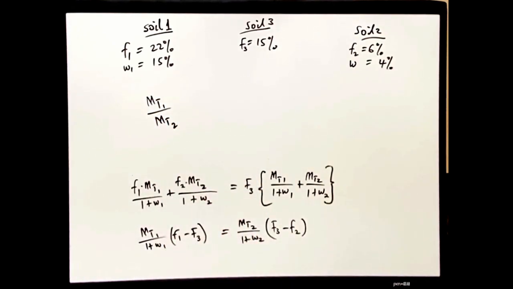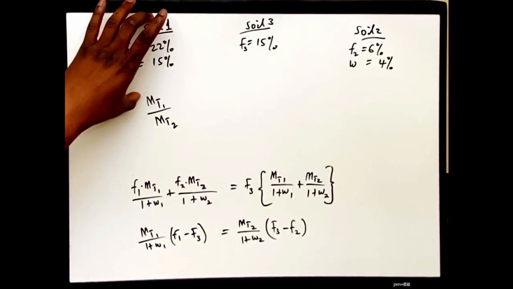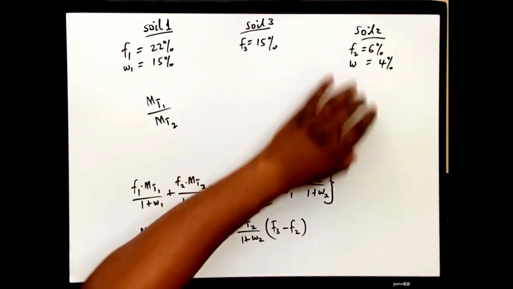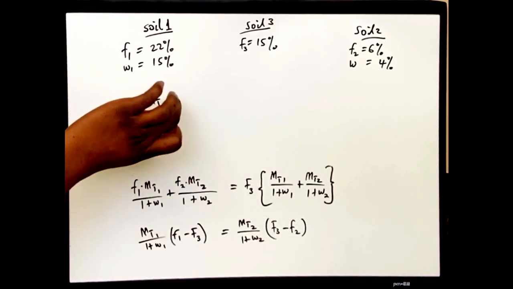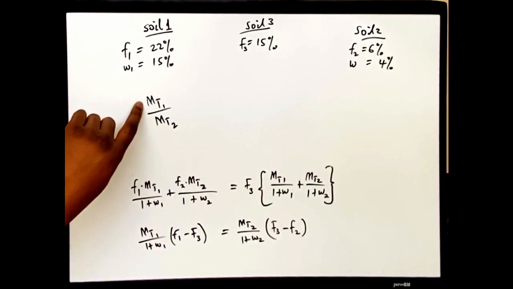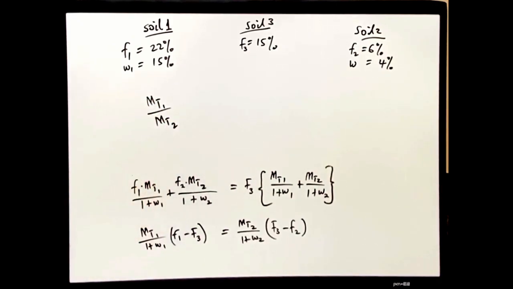Remember, that's the ratio we wanted. That's what we started with. How much of soil 1 do I need to mix with how much of soil 2 to give me this. So if you have a ratio, then anytime you know a certain weight of soil 1, you can just relate it, get the weight of soil 2.